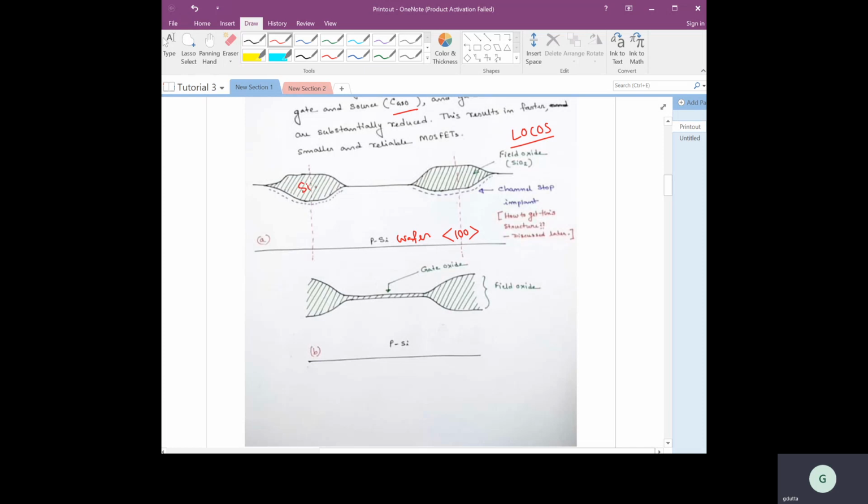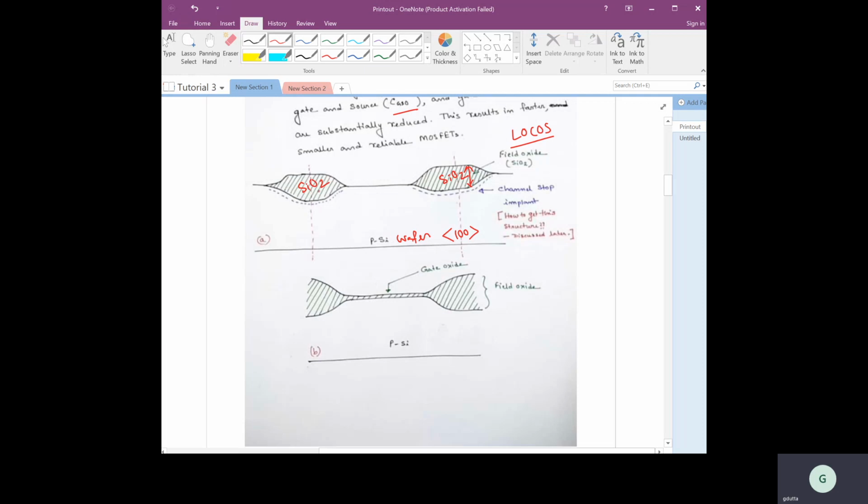So this is basically silicon dioxide, and this is also the same silicon dioxide, which is quite thick and has been used as a field oxide. So what is the utilization of field oxide? I think you can recall from the last class, when we discussed the CMOS inverter fabrication, that on top of this field oxide the metal lines will be traveling. You recall the field oxide?